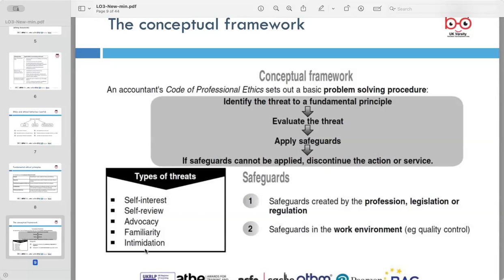So basically, by adopting this conceptual framework, accountants can navigate complex ethical scenarios with clarity and integrity, ensuring their actions uphold the profession's ethical standards and serve the public interest effectively. Through ongoing adherence to fundamental principles and the application of safeguards, professionals can maintain the trust and confidence of stakeholders while upholding the integrity of the accounting profession.